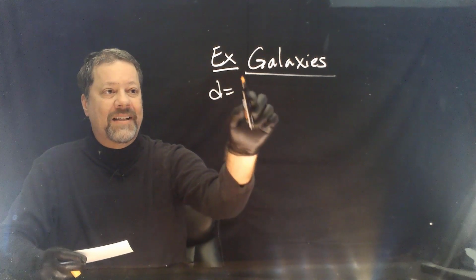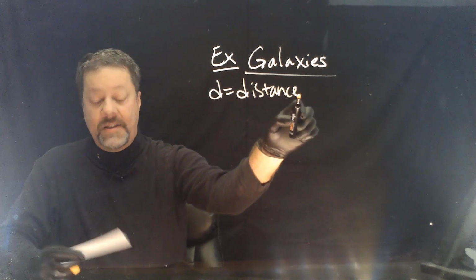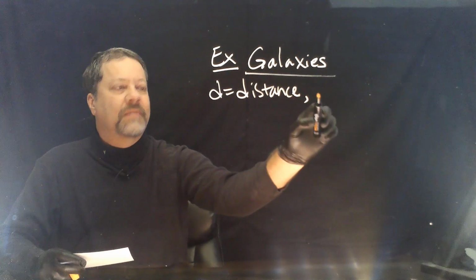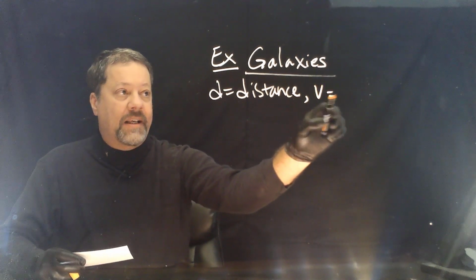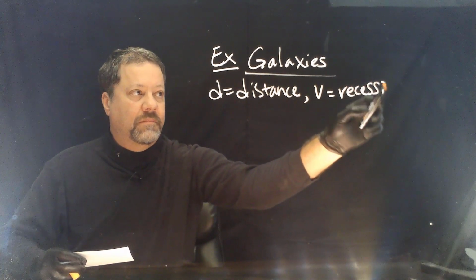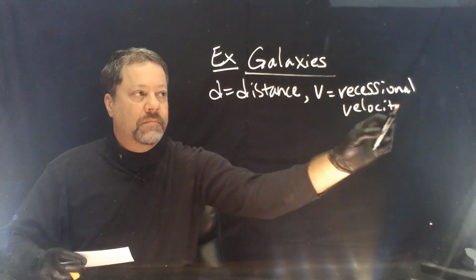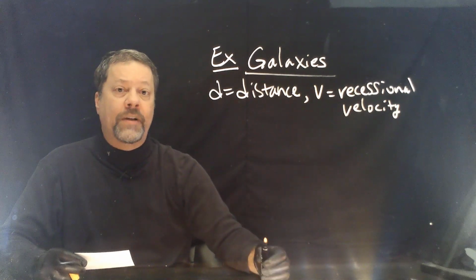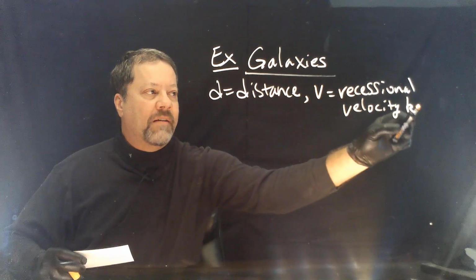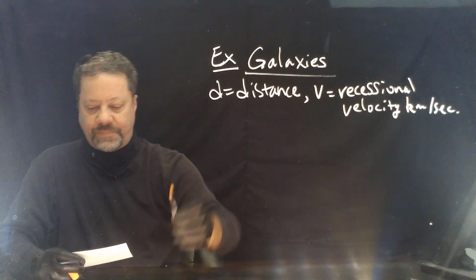Suppose that d is the distance to the galaxies in megaparsecs, and v is the recessional velocity. That's how fast the galaxy is moving away from us, or apparently moving away from us, in kilometers per second.